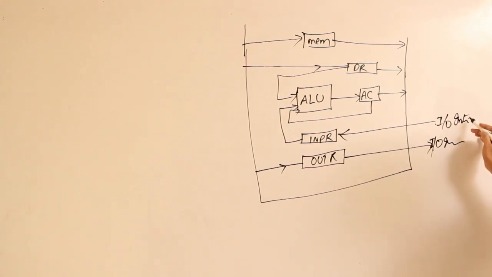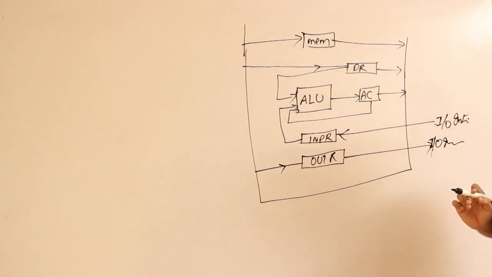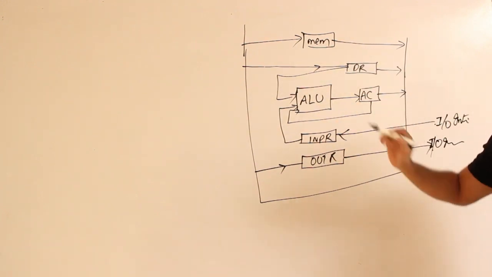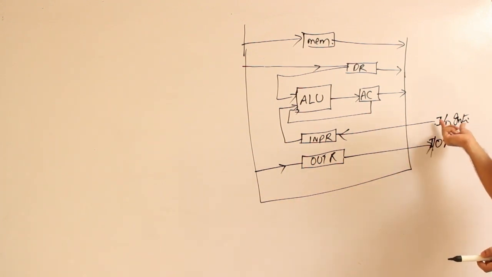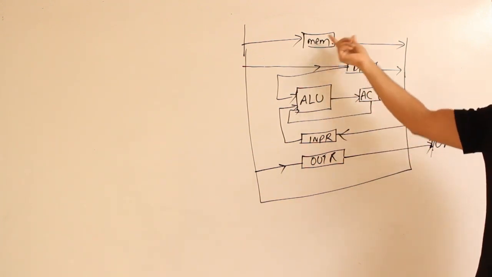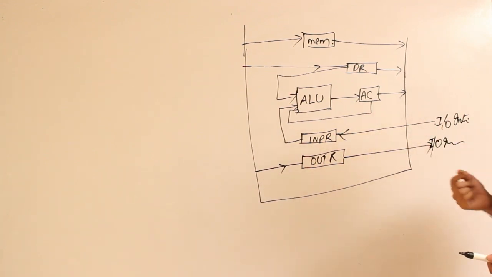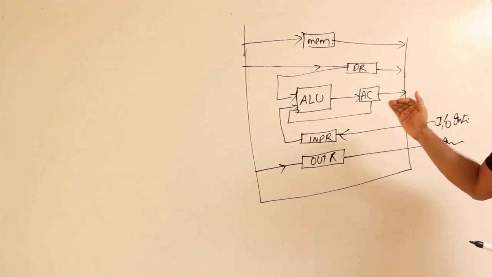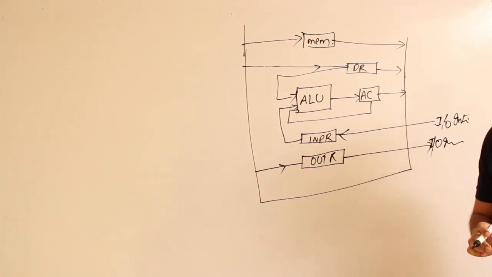Whenever the device wants to send some data, it cannot directly send it to memory, right? So ultimately the destination for any input is generally the memory. Whenever you send any data, it has to go into the memory and sit there, and later we are going to process it, right? And similarly, what is the destination of the output? Generally a printer or a screen, okay?